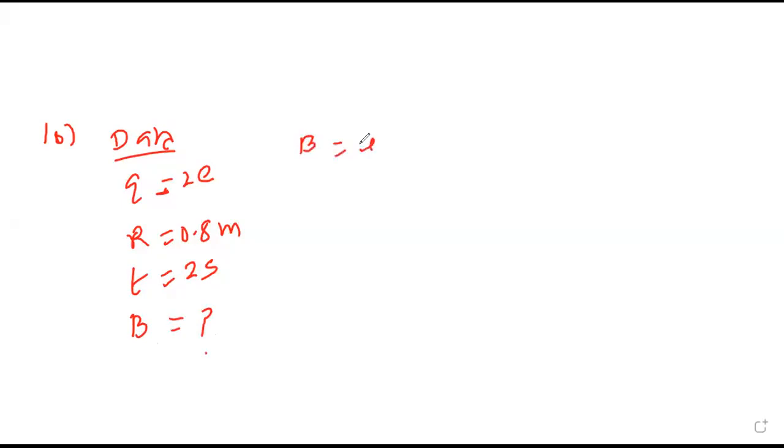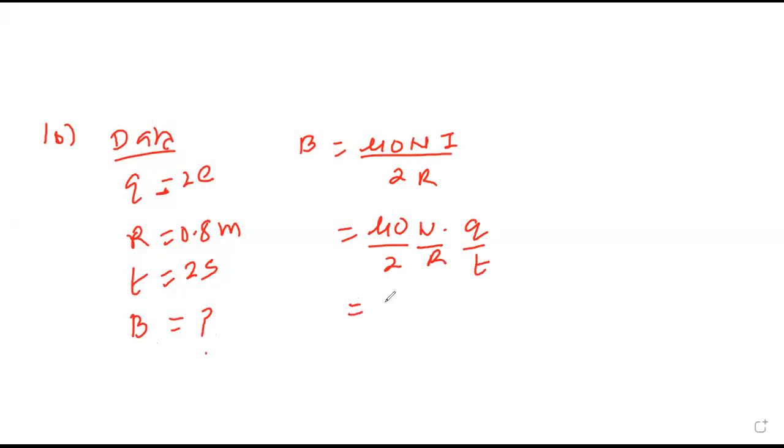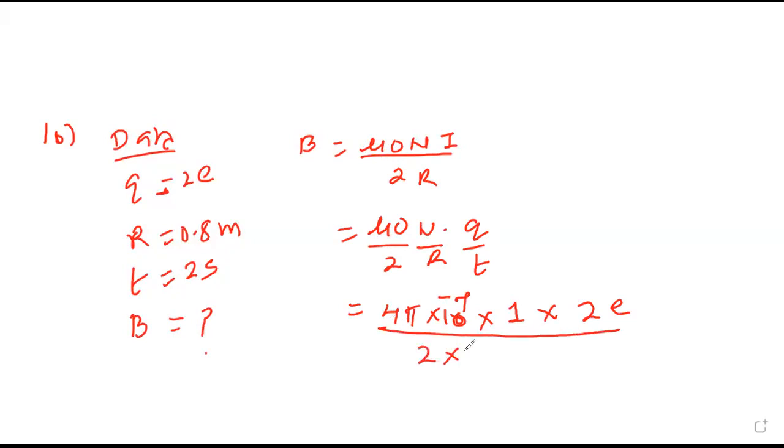Field at the center is mu naught Ni upon 2R. N means number of turns. Current is rate of flow of charge. So this is 4 pi into 10 raised to minus 7. It has completed one turn. Charge is 2 electron upon 2. Radius is 0.8. Time is 2 seconds. 2 cancel.